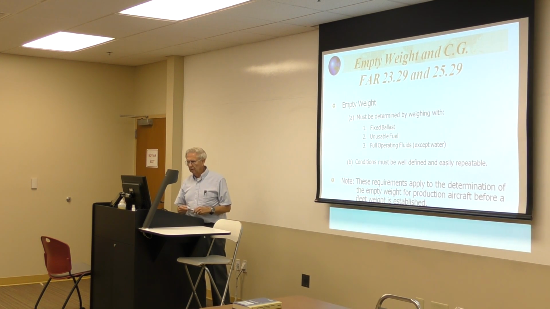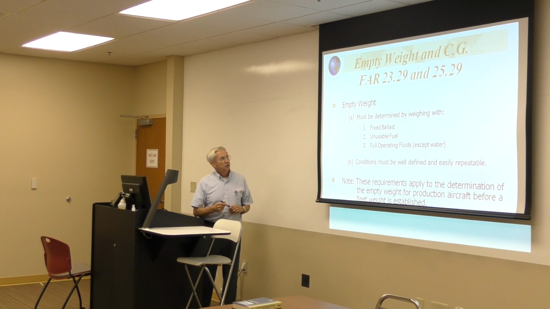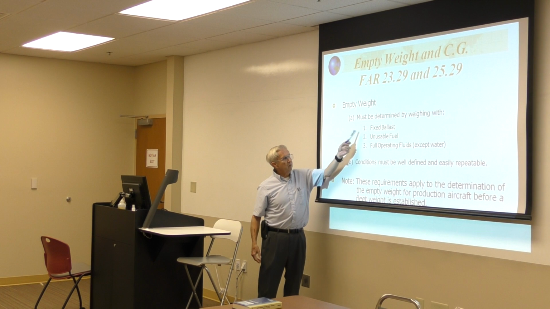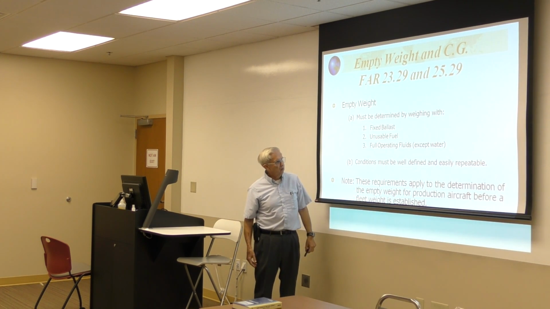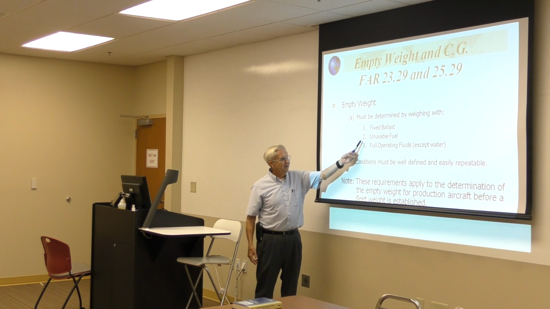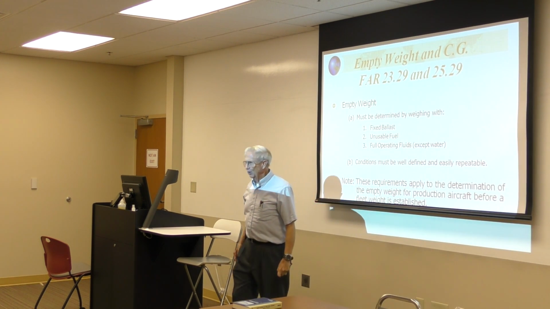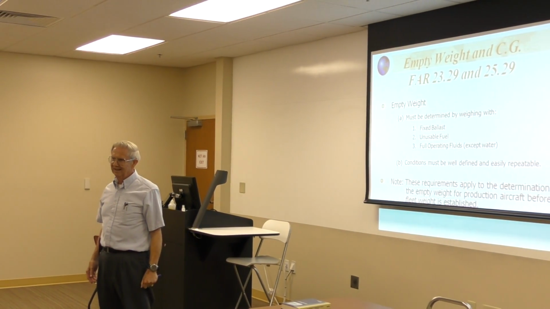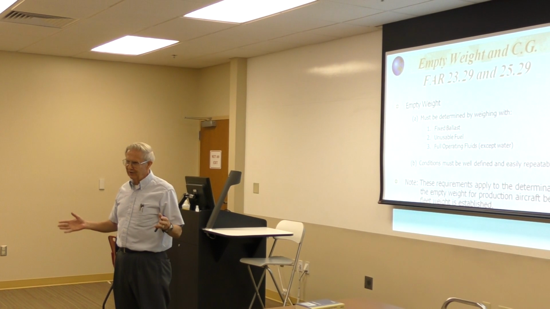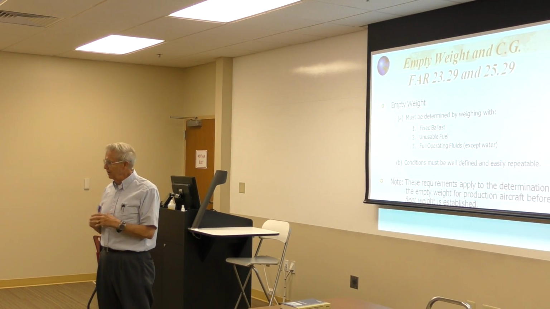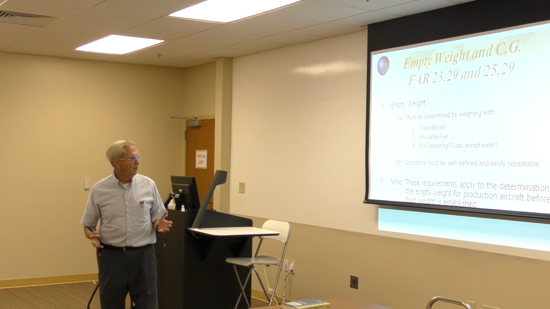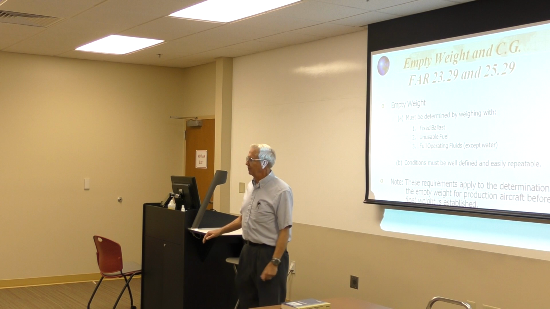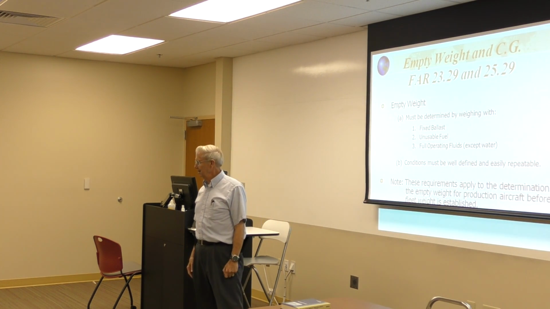This is a regulation that talks about how you determine the empty weight. Notice that it has to be determined with fixed ballast and any unusable fuel. And of course, that's a flight test. So when you first start, you're going to have to measure the empty weight without knowing for sure what the unusable fuel is, because you're going to determine that from the flight test.